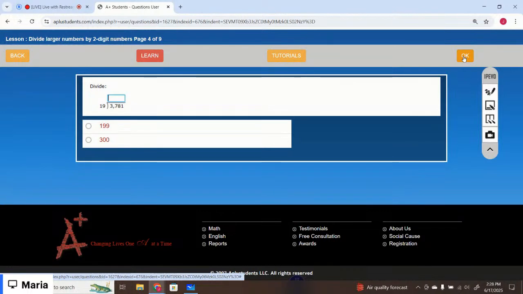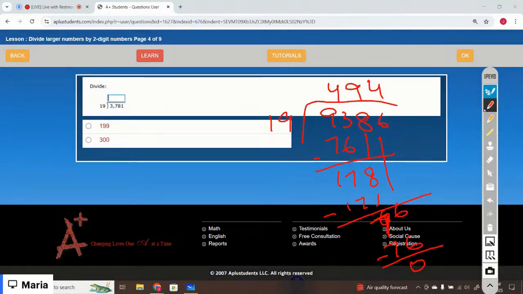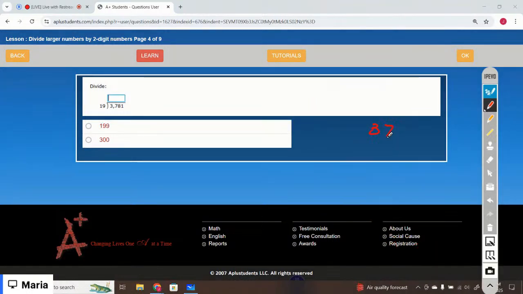So which is the correct option? 3,781 divided by 9. Let's just see how we divide.